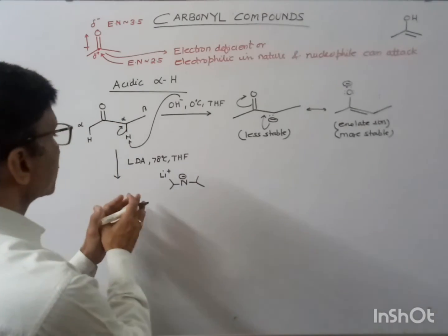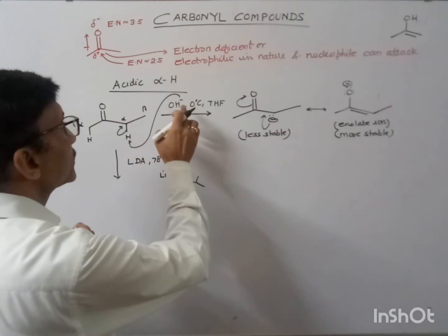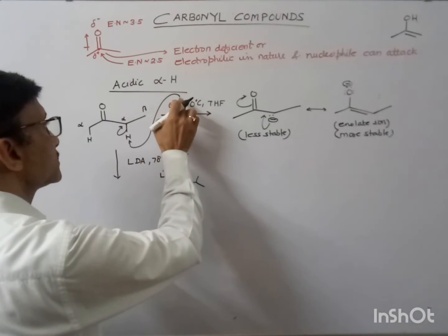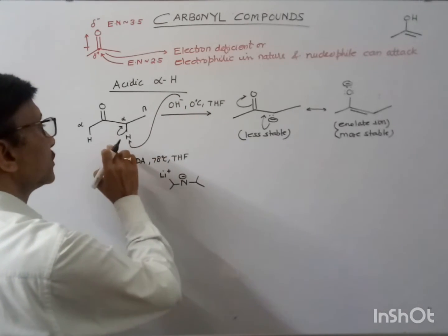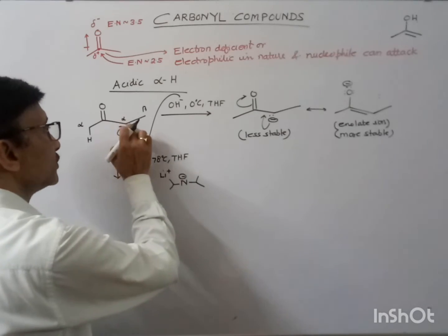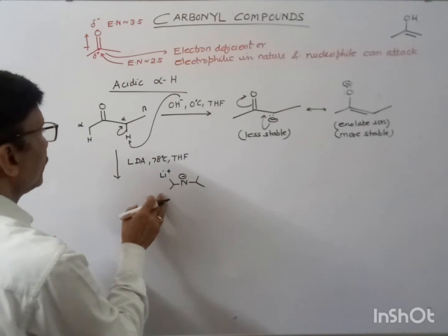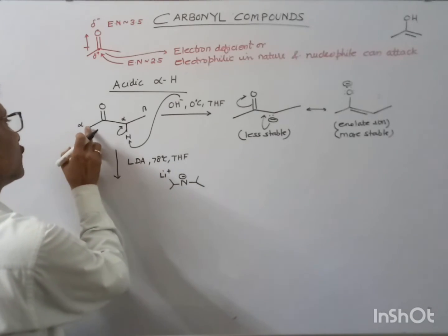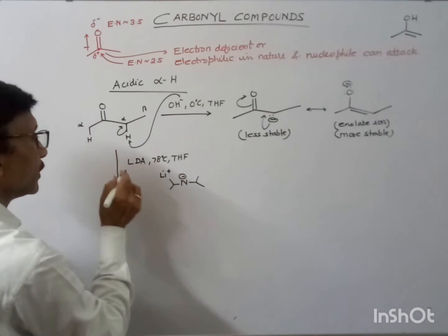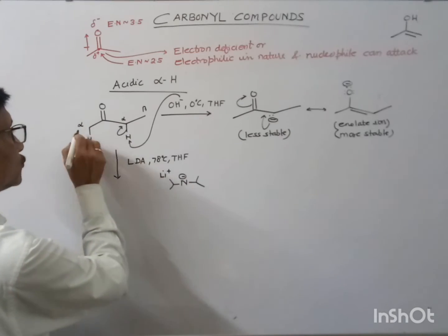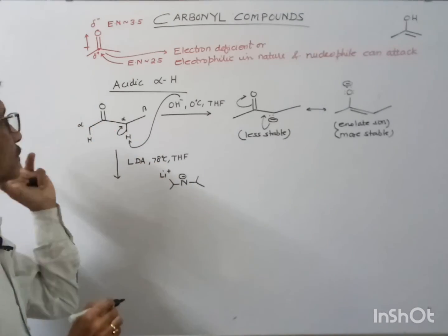Now in this case, the base has taken out the alpha H from this position. So two alpha H are present, either this one or this one.